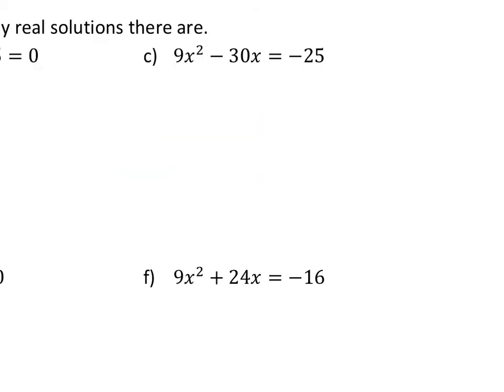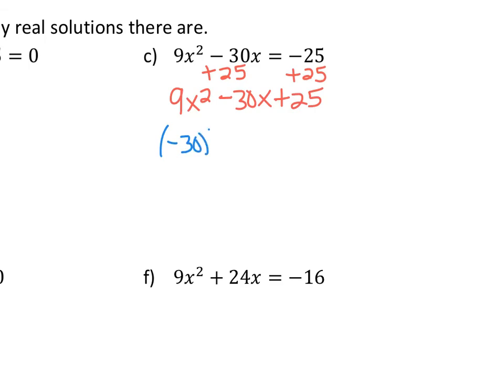Letter C. We need to have 0 on one side, so let's add 25. 9x squared minus 30x plus 25. Our discriminant is b squared minus 4ac, so negative 30 squared, and please put it in parentheses, minus 4 times 9 times 25.